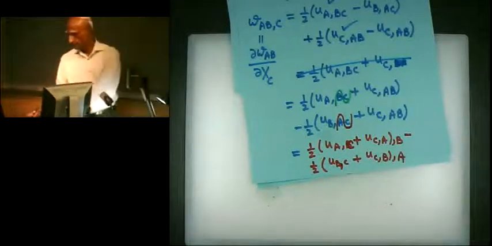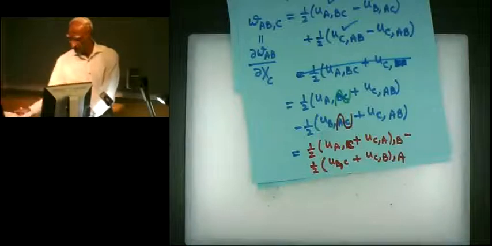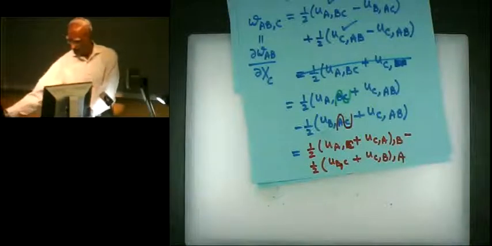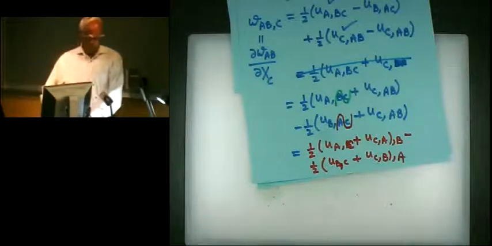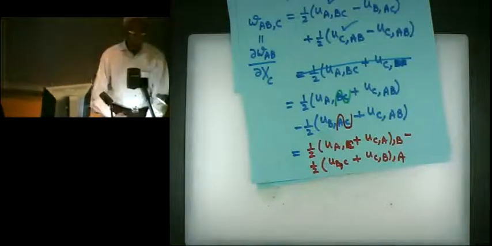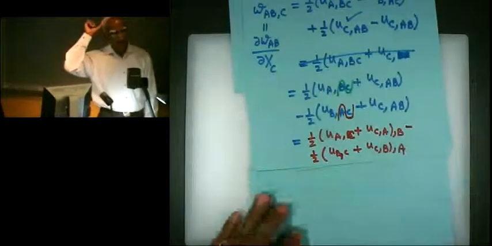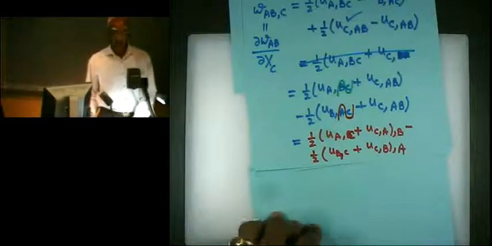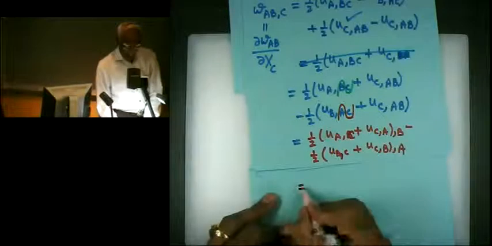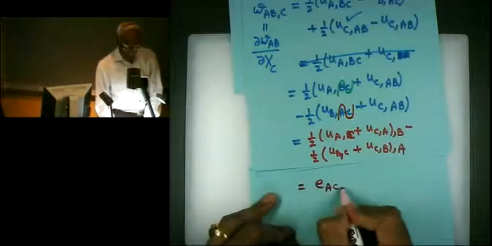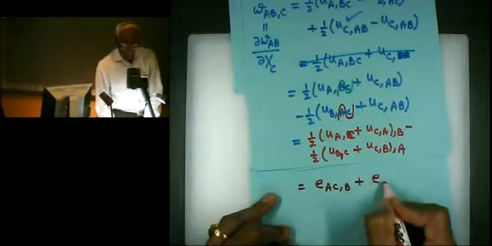Okay, now, so what is U_A,C plus U_C,A, 1/2 of that? E_AC. So this is E_AC,B plus E_BC,A.